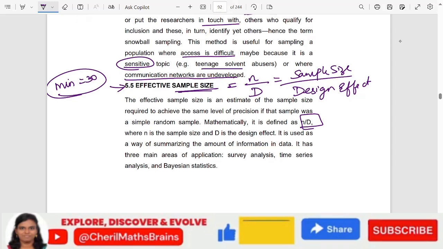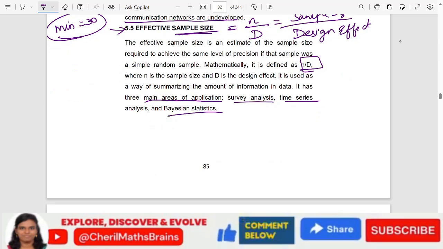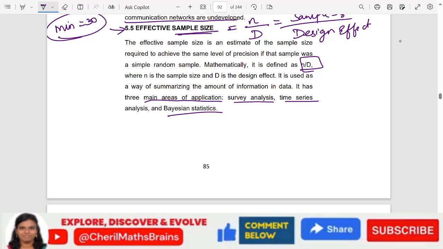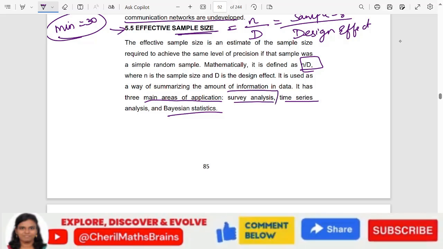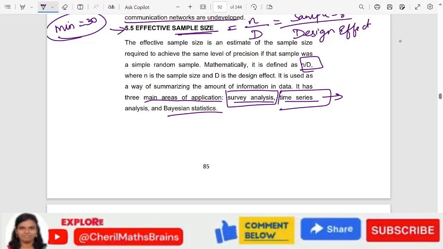Okay, so here you can see that you have three main areas of application: survey, time series, and Bayesian statistics. This will also be discussed later when we see the experimental and non-experimental designs in units 7, 8 and so on. Survey is when you collect data from a bigger group. Time series is when you collect data within a particular time, or which happen in a particular time.